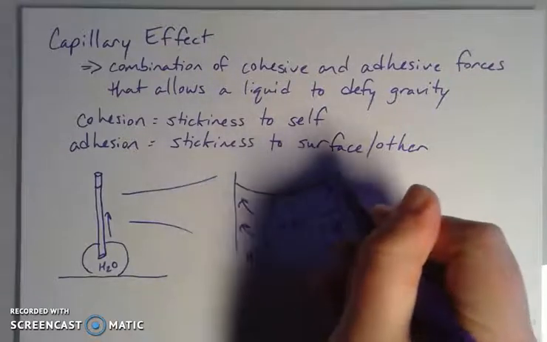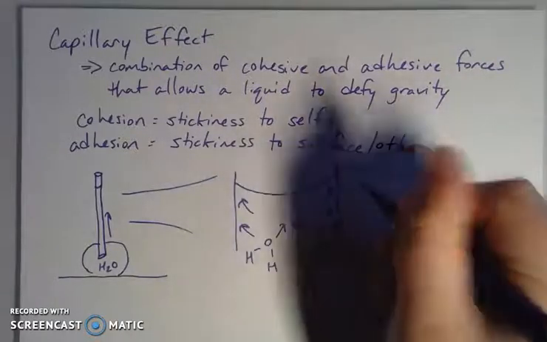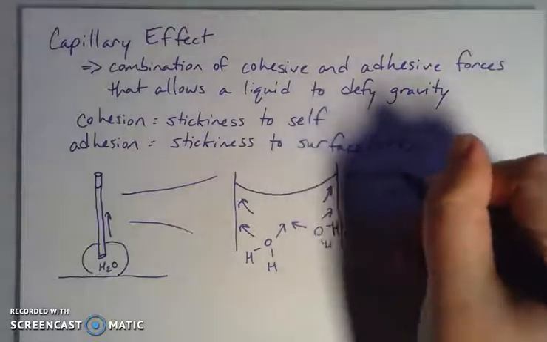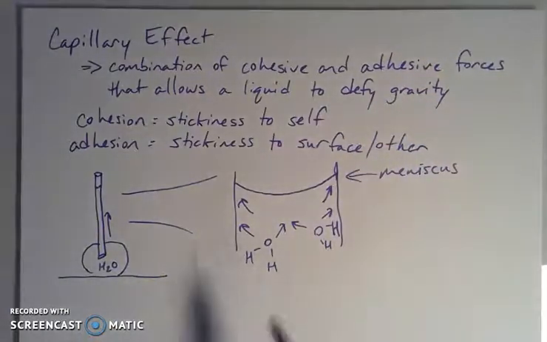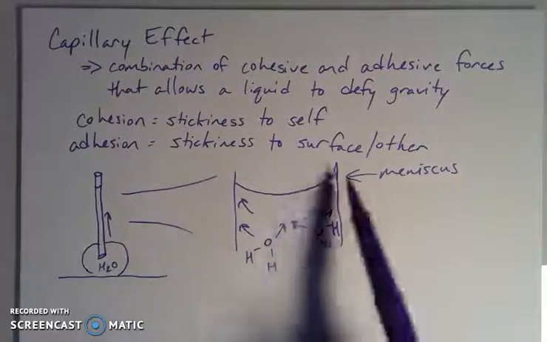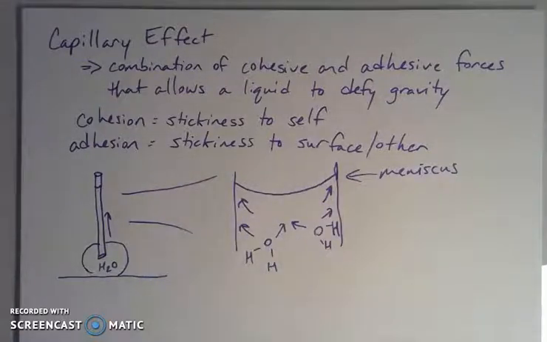That causes the water level to rise. This is also what causes the meniscus, that curvature of the liquid inside the tube. You've seen that if you've seen a straw, for example, over the surface of a liquid. So the combination of adhesion and cohesion from these intermolecular forces causes that liquid to defy gravity. Kind of a cool feature.